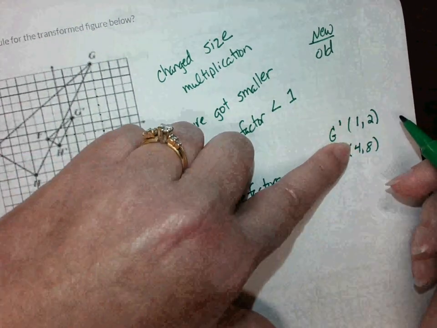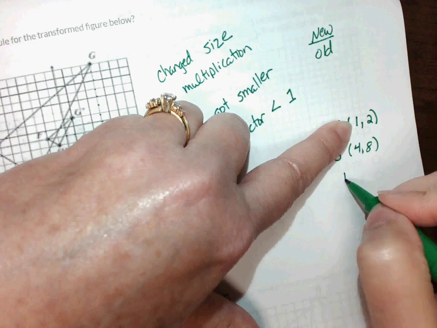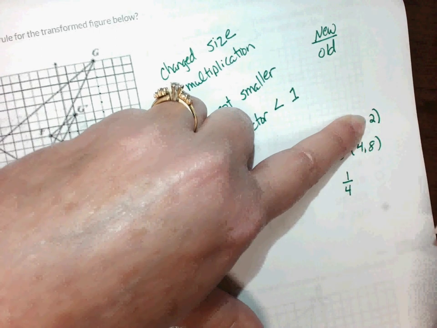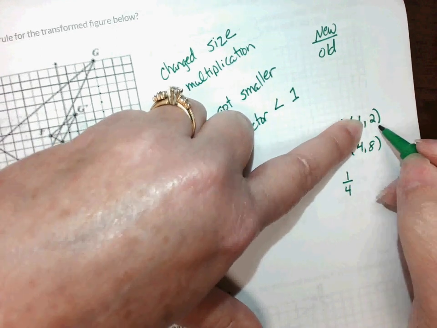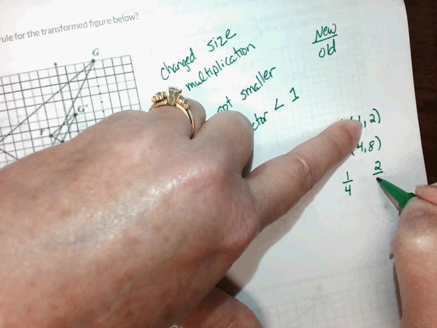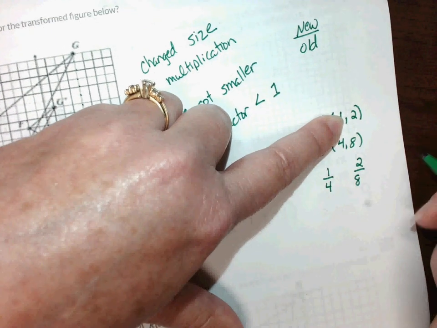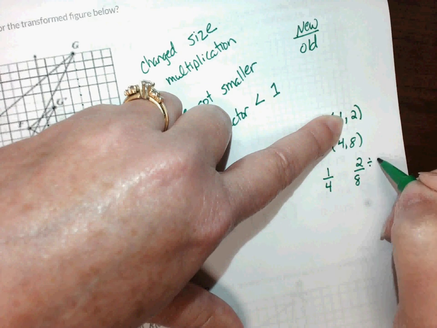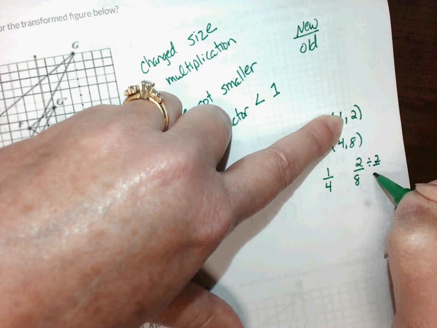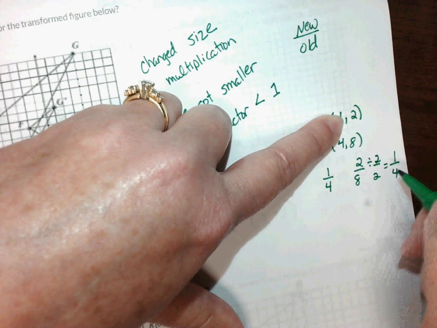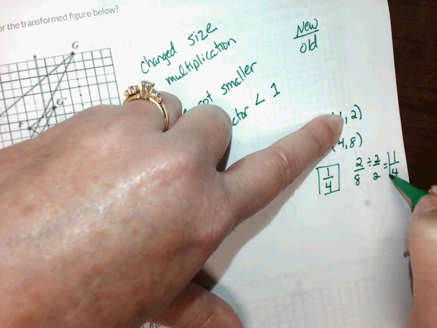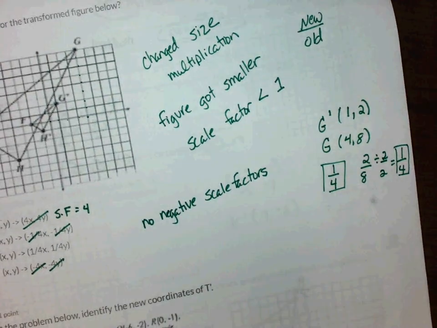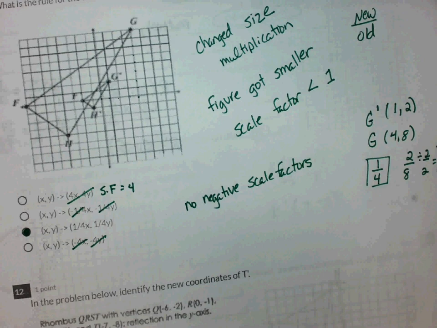Remember, if you do new over old, the x's would be 1 over 4, and the y's would be 2 over 8. And if you simplify 2 over 8, you still get 1/4. So this is my answer.